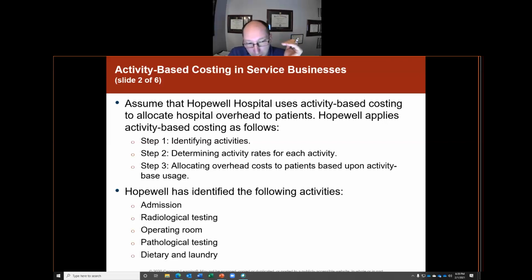Our hospital identified the following activities: admissions, radiology testing, the operating room, pathology testing, dietary and laundry. Dietary is that they deliver the food to you when you stay overnight. And then laundry is obvious. They're taking care of the patient gowns and the linens, and it's a hospital.